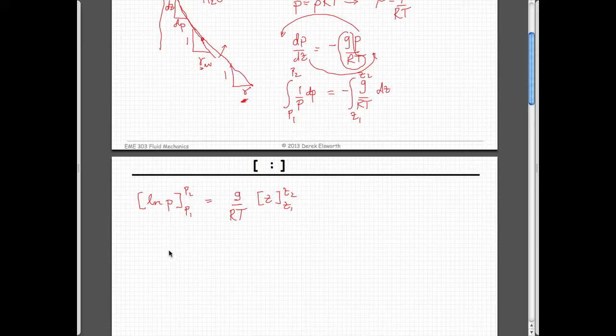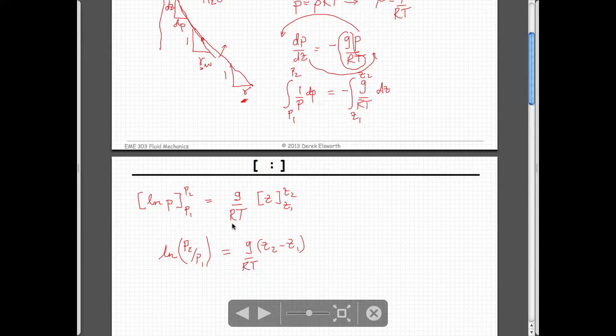And of course, if we now substitute these limits, we get log p2 minus log p1, which is just log of the ratio p2 over p1. And it's equal to minus g over RT times z2 minus z1. And that's it. And so, well, what have I not done? Well, I haven't done this right. Haven't done this.